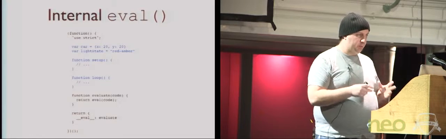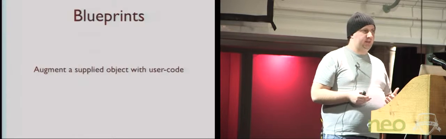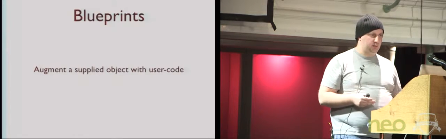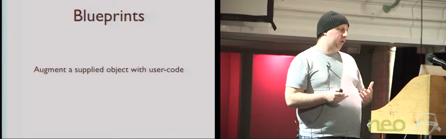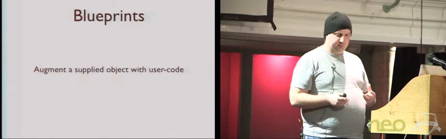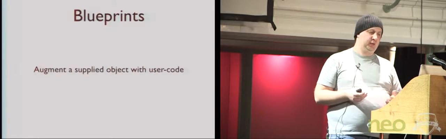Blueprints. So we're moving into bigger systems now. The last few examples have been general purpose techniques that apply mainly to smaller projects. Blueprints apply when you've got a kind of prototype object that you might want to augment with extra functionality.